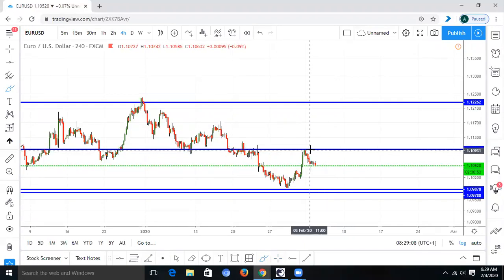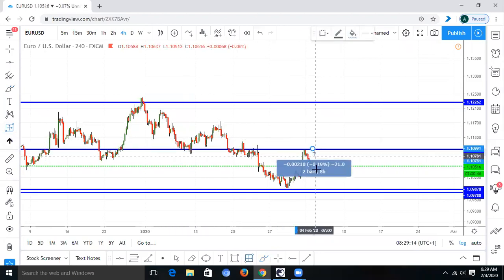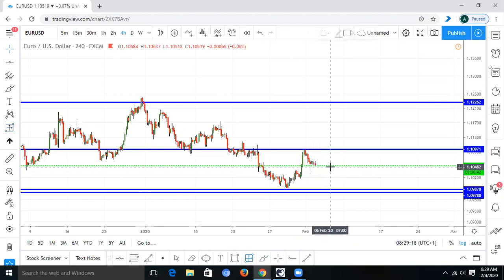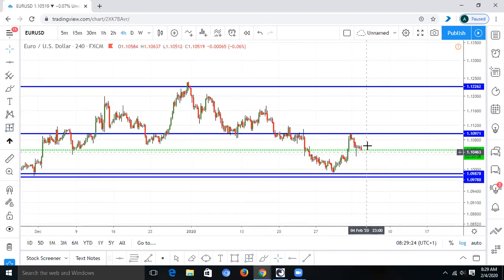Now, if you had placed a trade from here, from this up, now you have made some pips, almost 40 something pips. So we are not trading as a price action trader in the middle of these places. We place our trade only on zones.